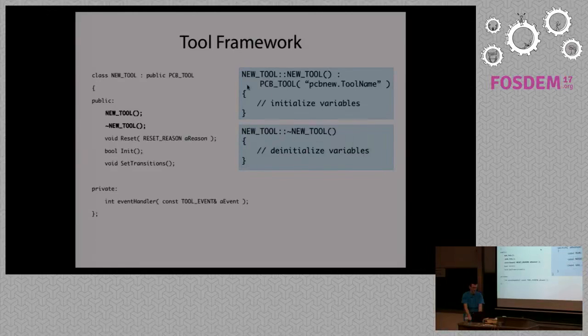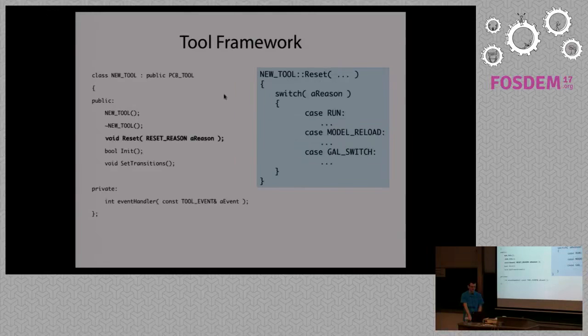Then there's a reset method where you can react to certain events. For example, when you first start a tool, or when the model is reloaded. So, for example, if you keep pointers, probably you need to update them because they might not be valid anymore. Or when the rendering engine is switched and so on. So we have a chance to react here before anything bad happens.